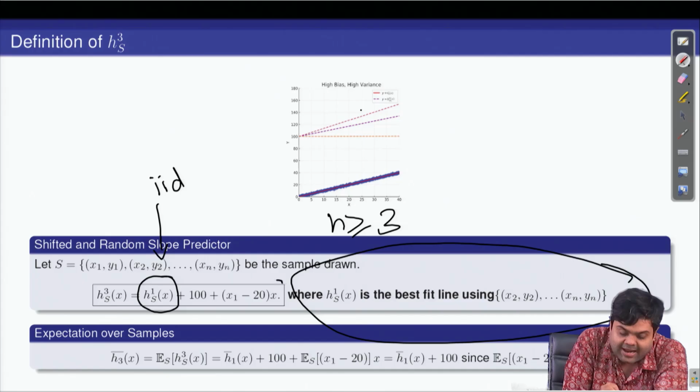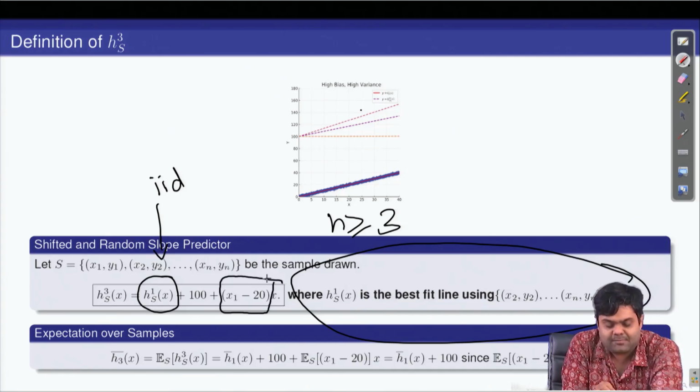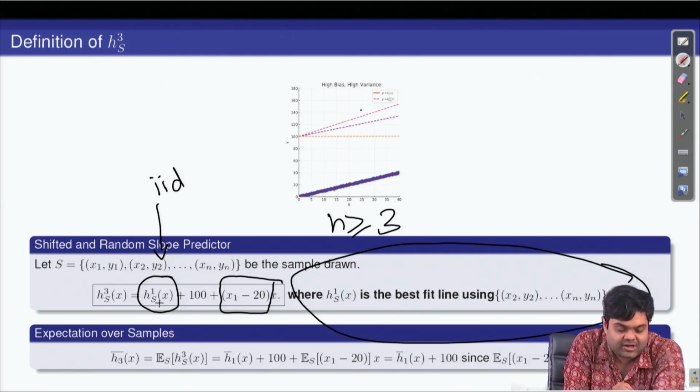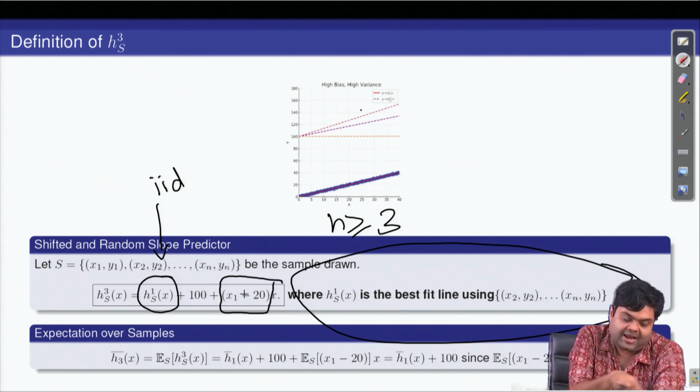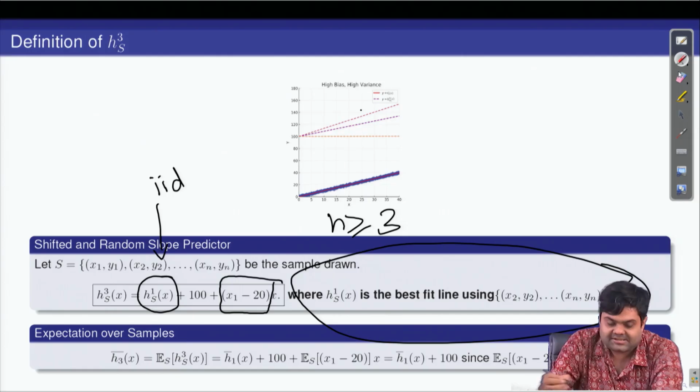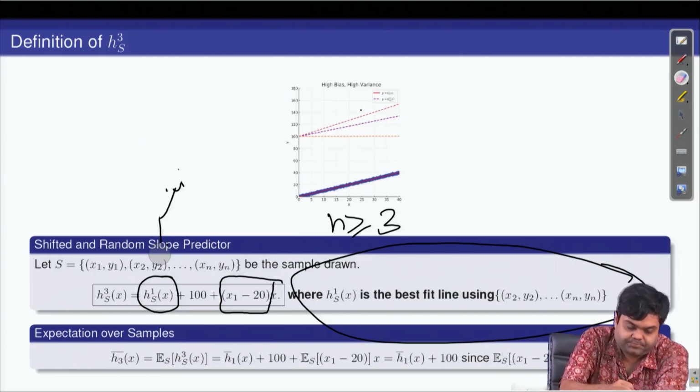Along with that, add the factor x1 minus 20 and multiply by x. So this has to be a function of x. So for every x, your model takes the least square line and whatever value that line gives at x for y, adds 100 and multiplies x with x1 minus 20 and adds it to the mix. What does it do?